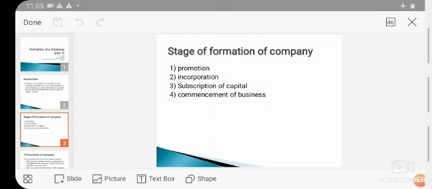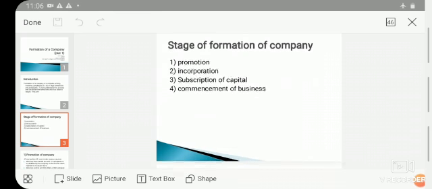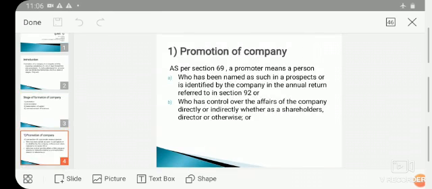Fourth one, commencement of business. These are the four stages applicable while establishing a joint stock company. So we are going to study the first one, that is promotion.